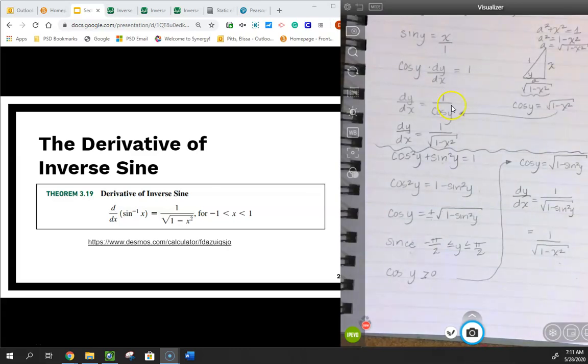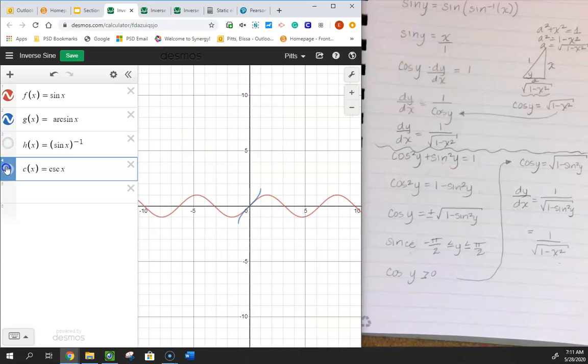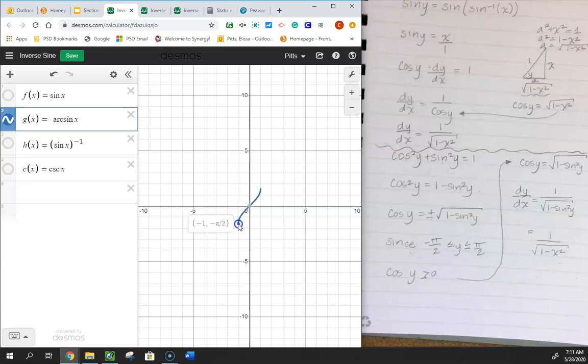And we know that y has to be between negative pi over 2 and pi over 2. So let's get rid of all this stuff and just look at it. We know that the y values of this inverse sine function are between negative pi over 2 and pi over 2.